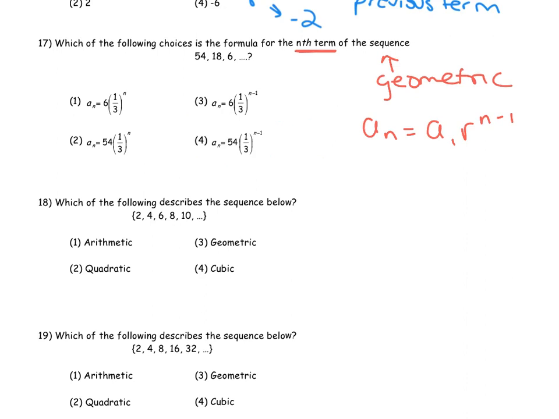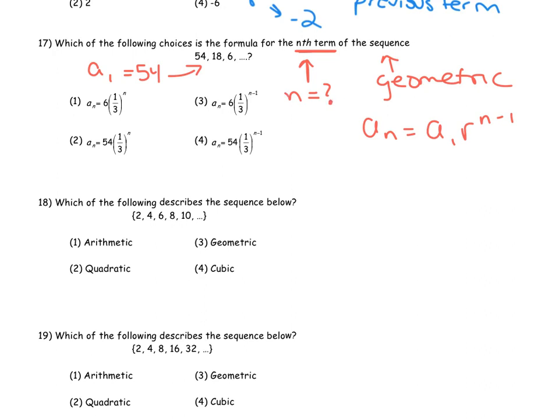From our sequence, we know a sub 1 is going to equal 54. We are trying to find the nth term, so we don't know n, so we leave it alone. Do not plug anything in for n.